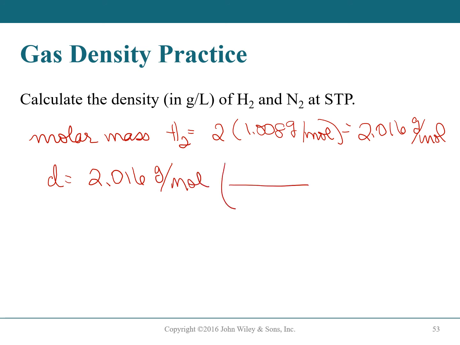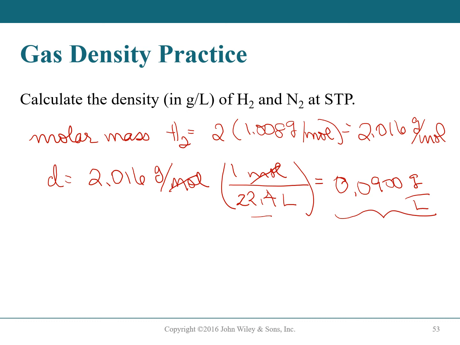And remember, it's 22.4 liters for every 1 mole of gas. And you get a density of 0.09, and this is going to be in 3 significant figures, grams per liter. Okay, so look how light hydrogen is compared to chlorine.